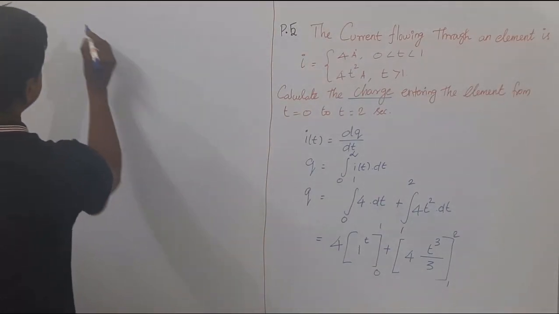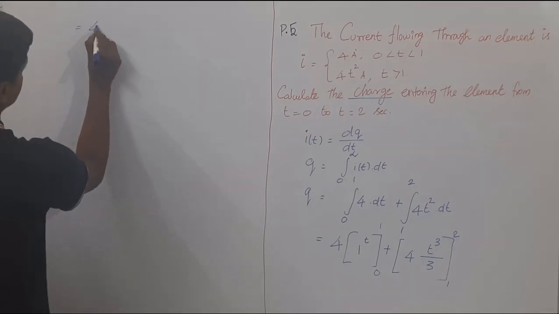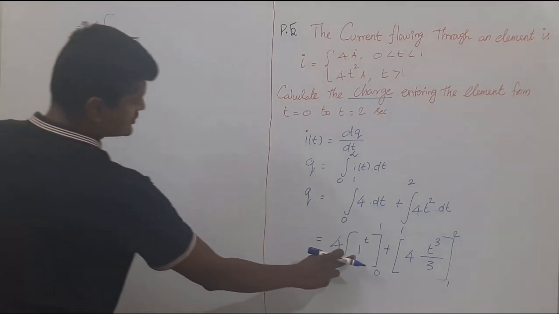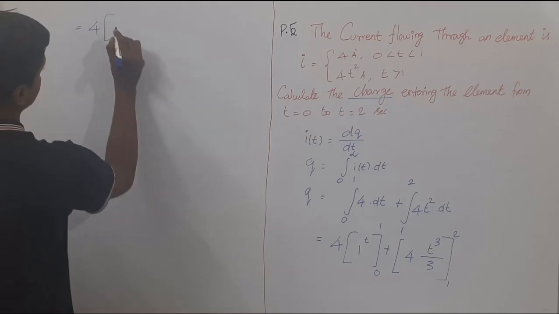So now we take 4 times the higher limit minus the lower limit, 1 minus 0.